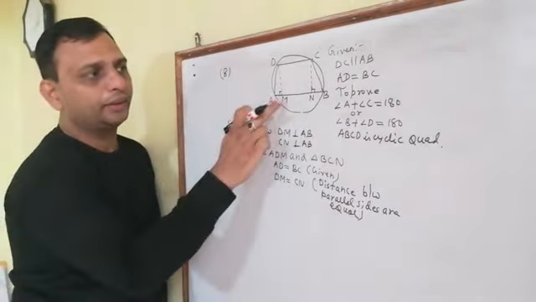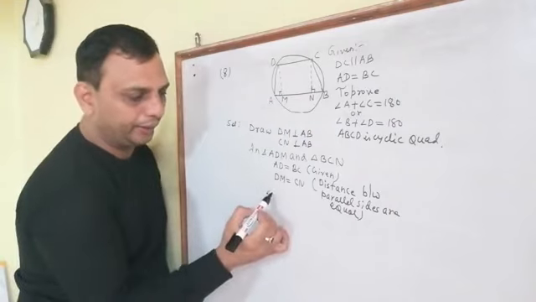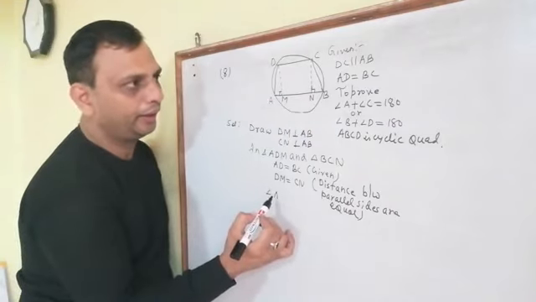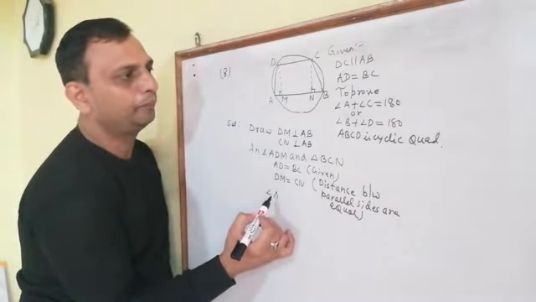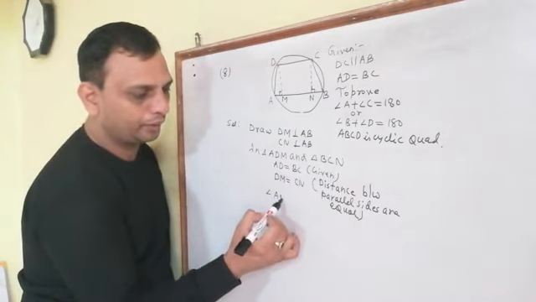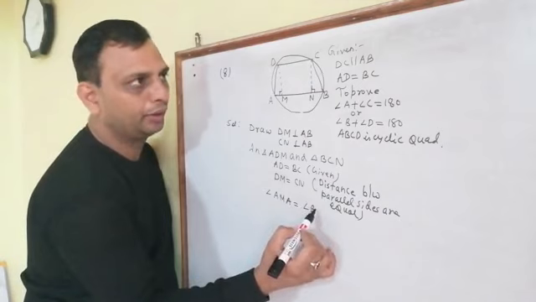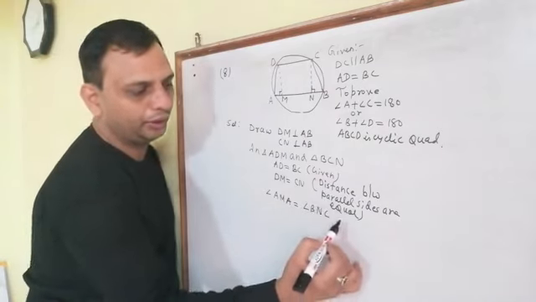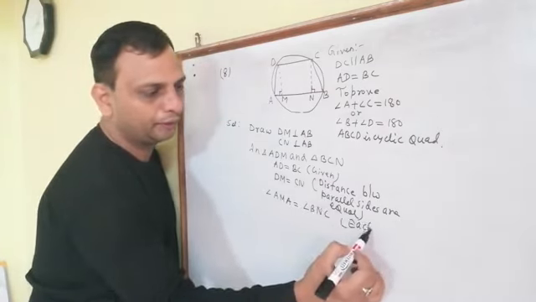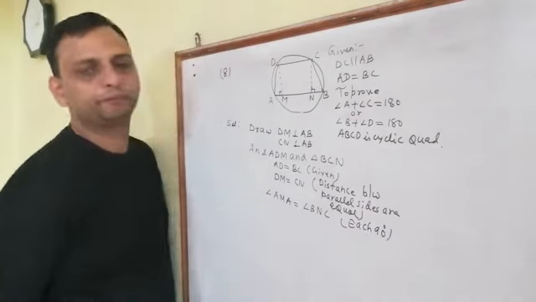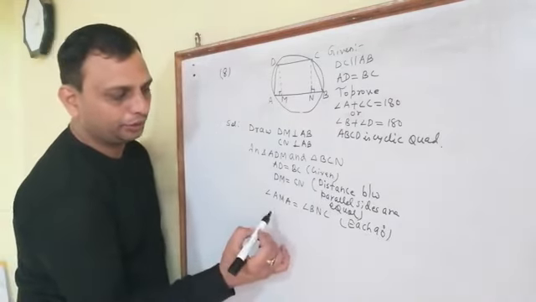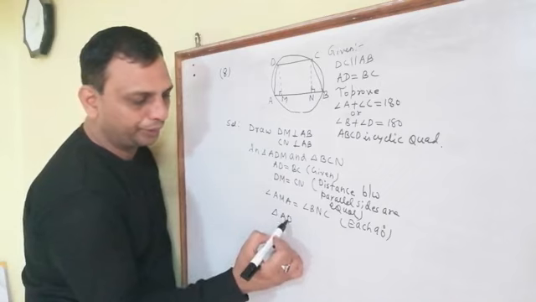And angles M and N are 90 degrees; you can write here angle AMD and angle BNC, each 90. Now these two triangles will be congruent.